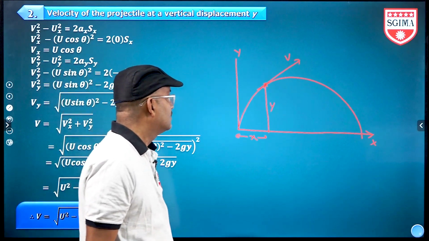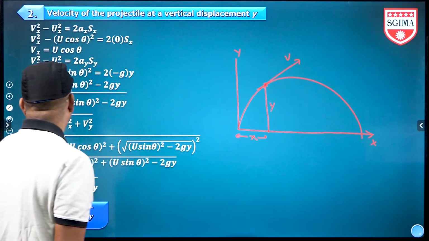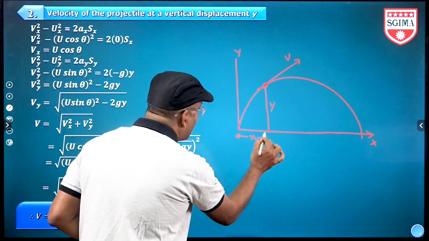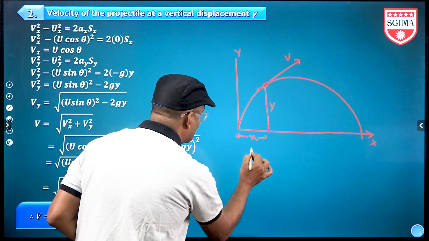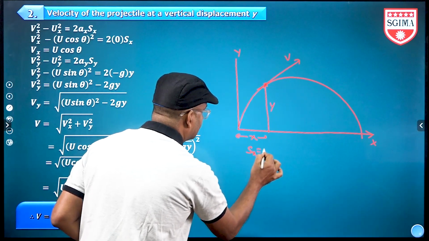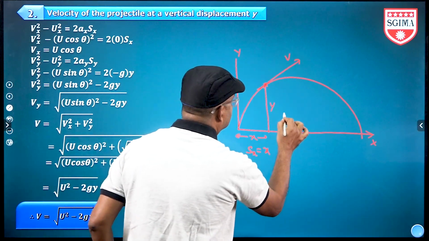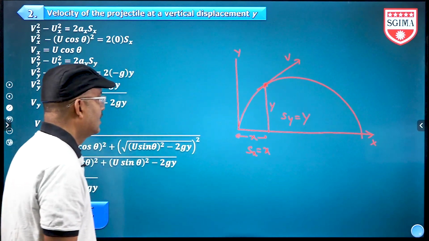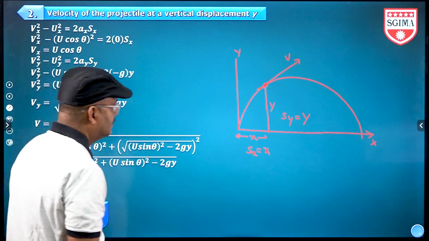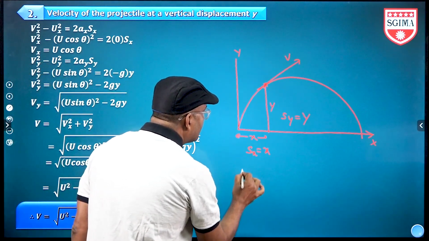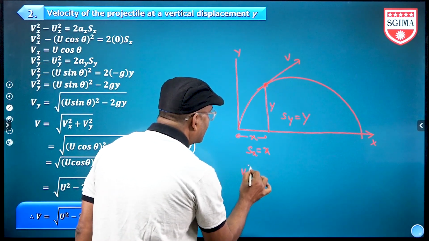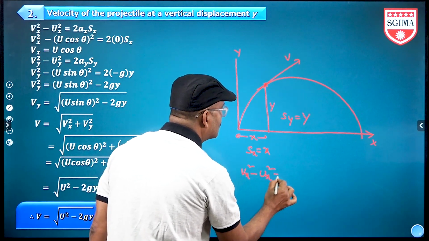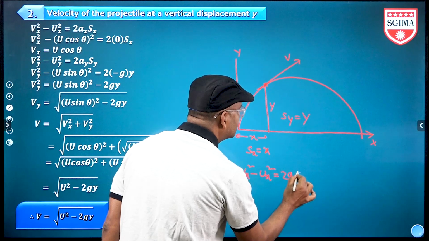For this, we have to use the displacement. This is horizontal displacement. Sx is equal to x. Sy is equal to y. I am using the formula v square minus u square is equal to 2as.